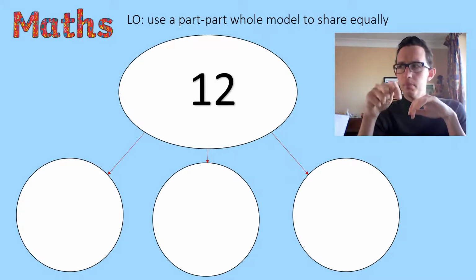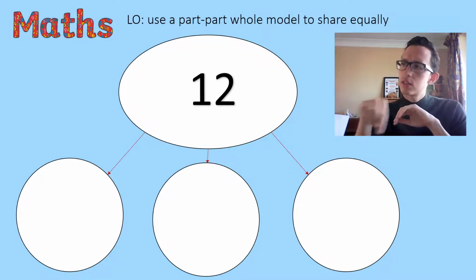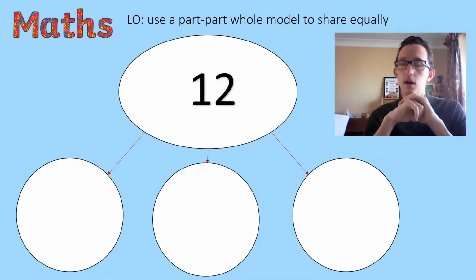Do we only have 1 part at the bottom here, or do we have 2 parts, or 3 parts, or 4 parts? Well done if you said there are 1, 2, 3 parts. Well done. So let's keep looking.